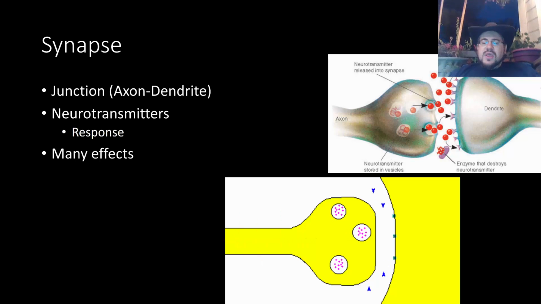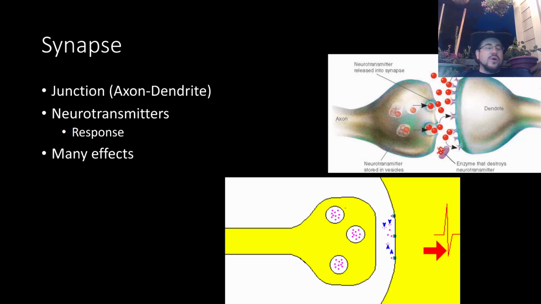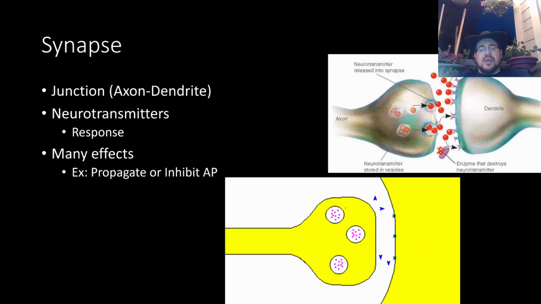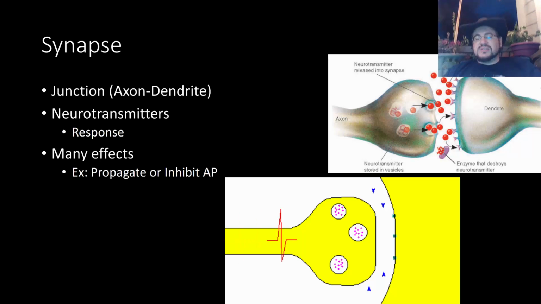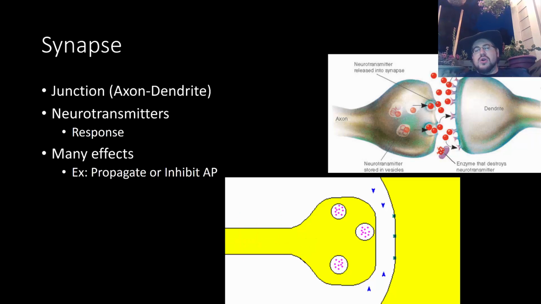There are large numbers of different effects you can get from different neurotransmitters. Some neurotransmitters cause the impulse to just continue. There are neurotransmitters that actually inhibit action potentials, so they stop the impulse from continuing along neuron B. So with those inhibitory neurotransmitters, if you have neuron D connected to neuron B, and the impulse comes down the axon of neuron D, it sends a neurotransmitter across to neuron B and says, hey, send this impulse.